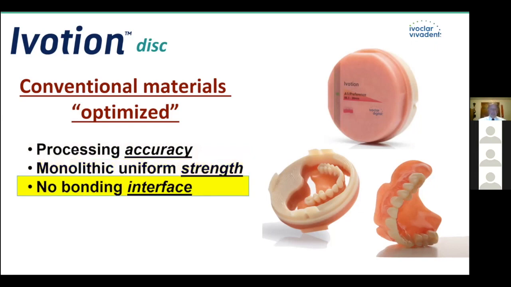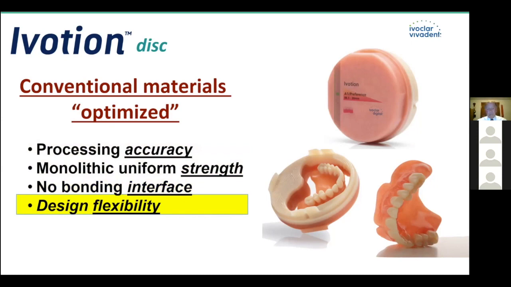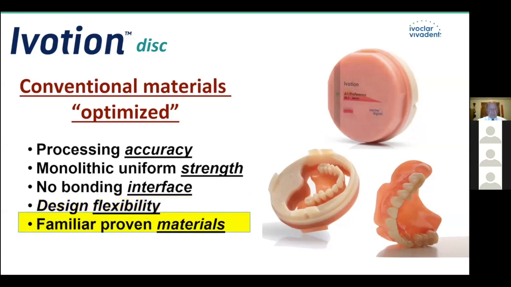Having no interface means it has the physical properties of one piece of material. With no interface, there's no chance of discoloration, especially if putting these things together wasn't done properly, you might have some issues. And there's a tremendous amount of design flexibility, as I mentioned.